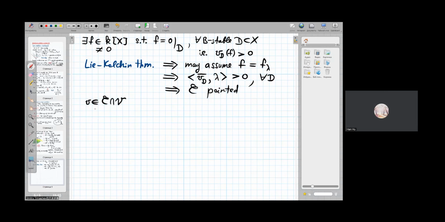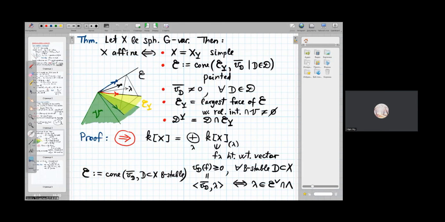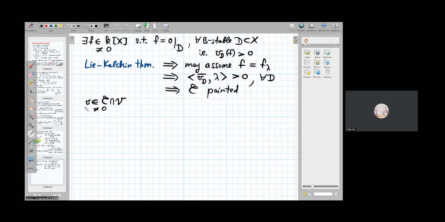It may happen that there are no non-zero vectors. I want to take, of course, a non-zero vector. I am not interested in the zero vector. It may happen that there are no such vectors, that the cone C intersects the valuation cone only at the origin, only here. Then there is nothing to do at this step.